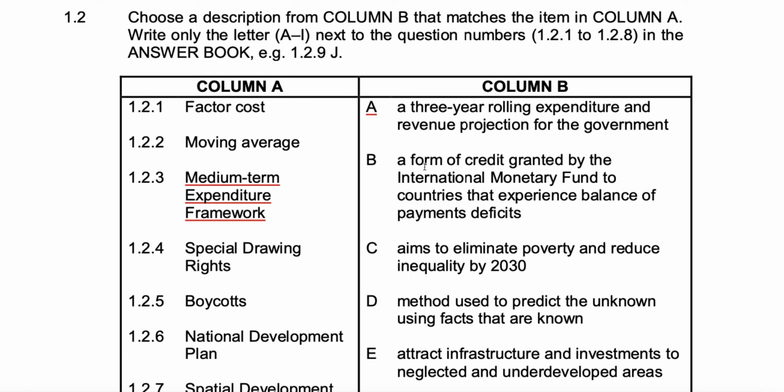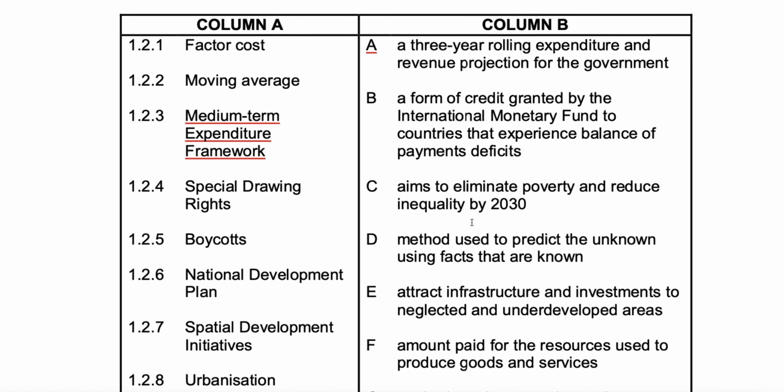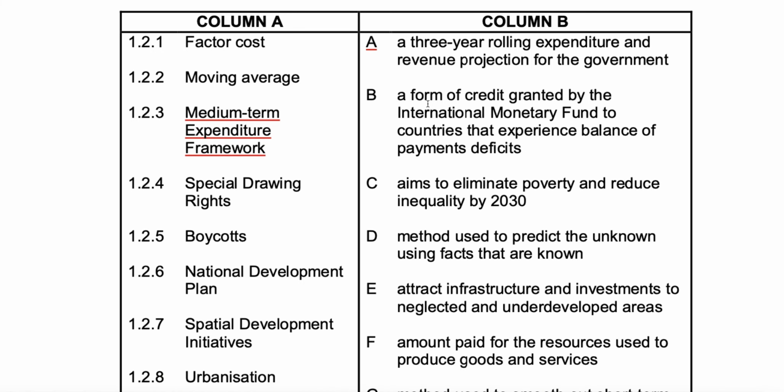A is gone. The B, a form of credit granted by the IMF to countries that experience balance of payment deficits. Well, let me clarify something on this one, B. So B is going to go to, where is it? Special drawing rights. Right, so special drawing rights are issued by the IMF, as you see here, as they are already telling us. Yes.